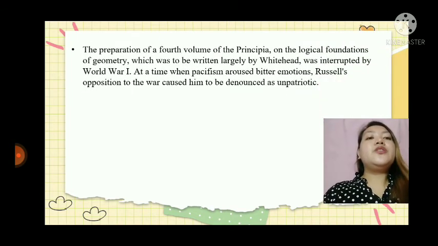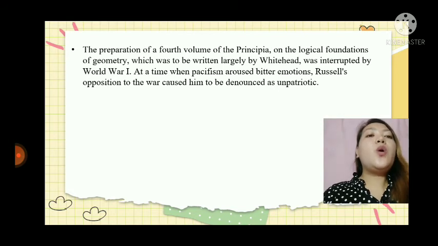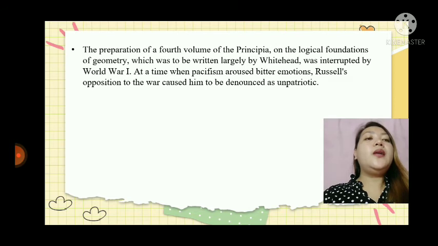The preparation of a fourth volume of the Principia on the logical foundations of geometry, which was to be written largely by Whitehead, was interrupted by World War I, at a time when pacifism aroused bitter emotions. Opposition to the war caused him to be denounced as unpatriotic.